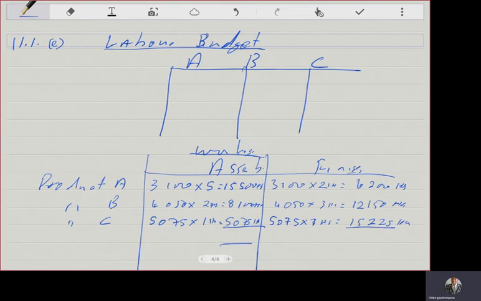Then you can add this and say, okay, I've got a total this side on the assembly of 28,675, and this side you've got 33,575. So these are your total hours.